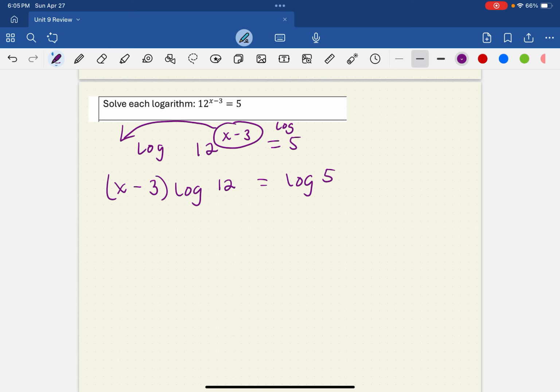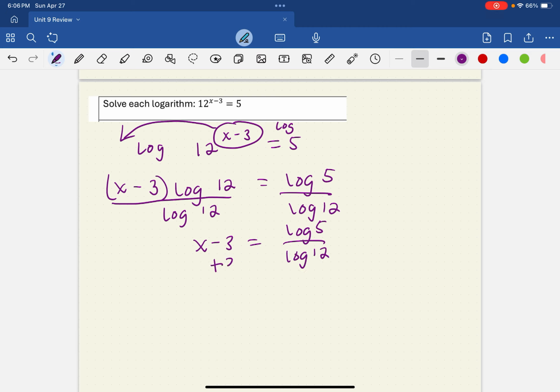Okay, now I want to isolate x, so I'm going to go ahead and divide by log 12 on both sides. So x minus 3 equals log 5 divided by log 12. You definitely might want a calculator for this. We're going to plus 3 to both sides. And we're going to type that in our calculator, log 5 divided by log 12 plus 3. And we get a decimal, which we're going to round to the nearest hundredth, so 3.65.